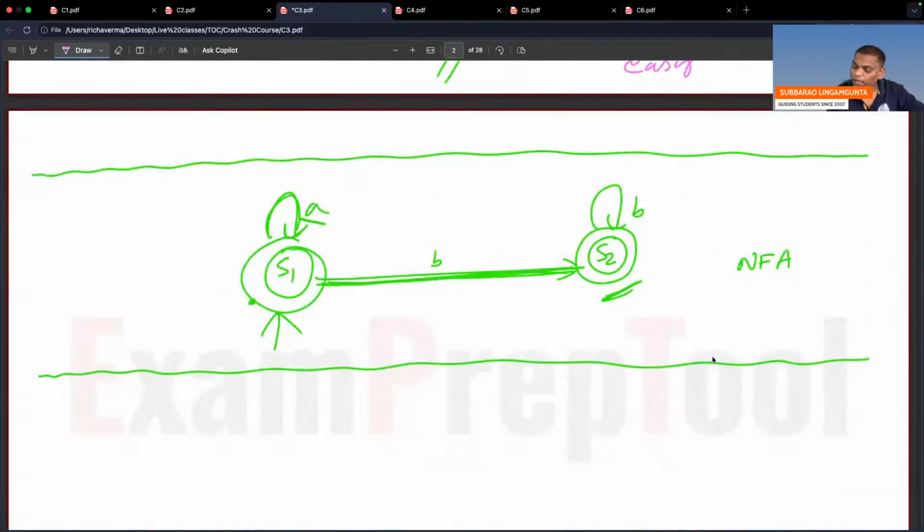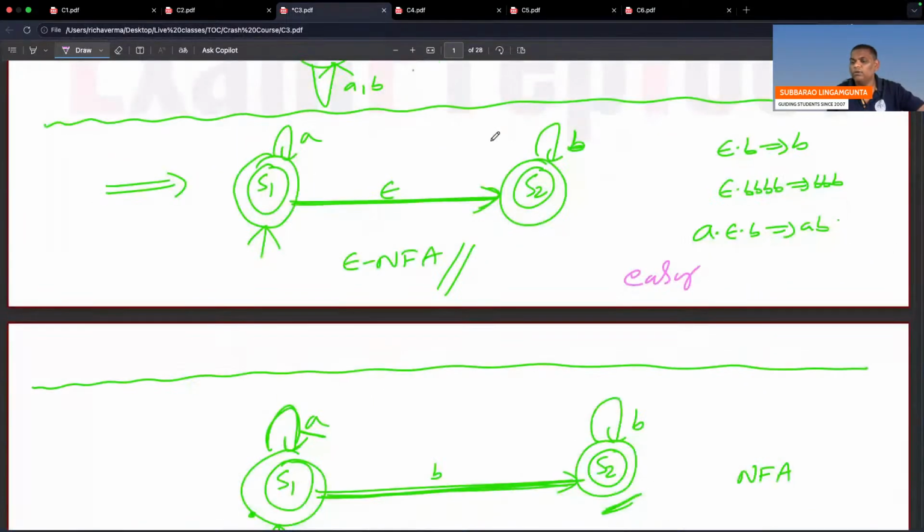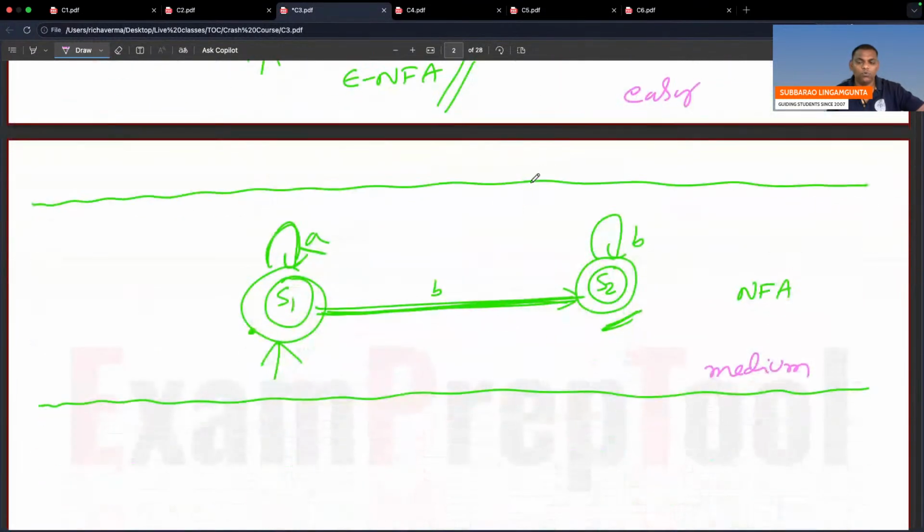It is medium construction. It is difficult. So if your goal is constructing DFA, try if possible like this. If not possible, you try like this also.